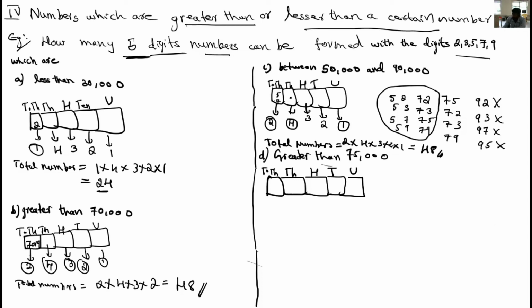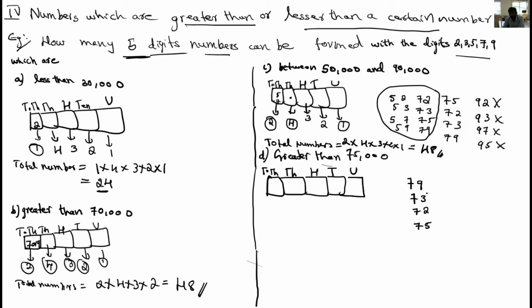Then again the question is greater than 75,000. Just use the trial and error method here. Suppose you are taking 7 here, that means in the 10,000 place you are taking 7, then 79,000 is possible, 73,000 is possible, 72,000 is possible, as well as 75,000 is possible.